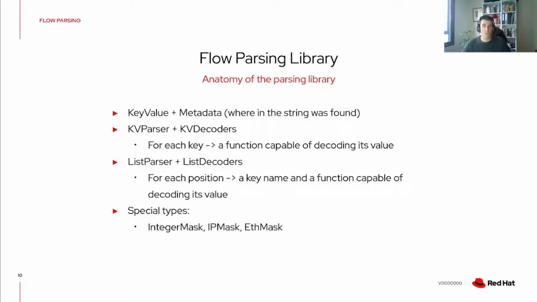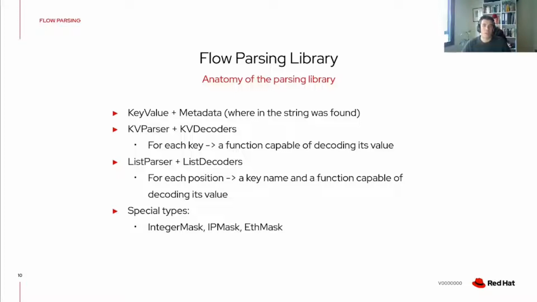A decoder is a data structure that stores a function capable of decoding its value. And both the key value parser and the list parser are generic classes that split the string into key values and use the appropriate function to decode it.